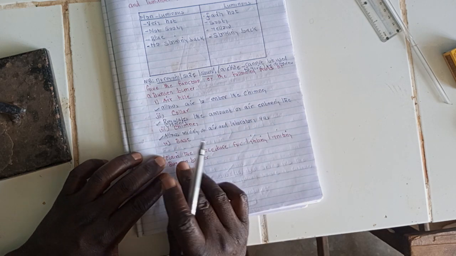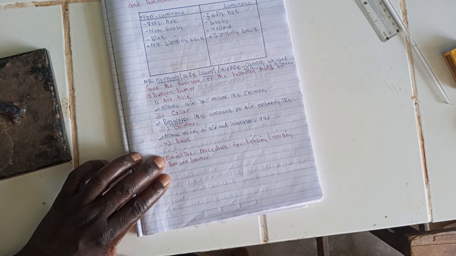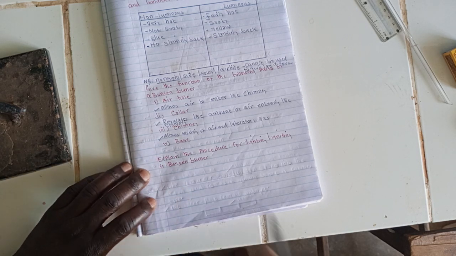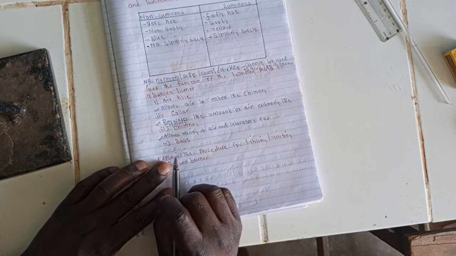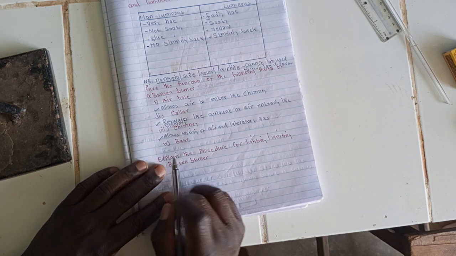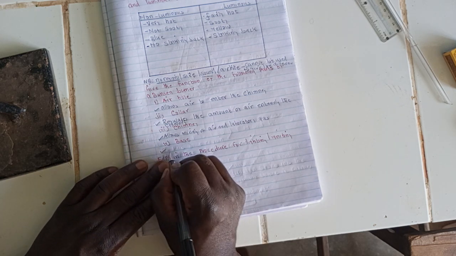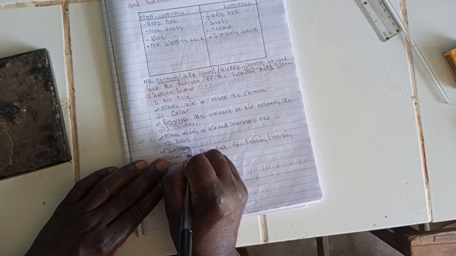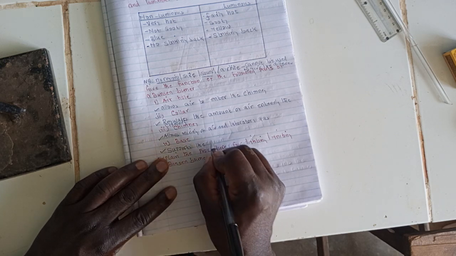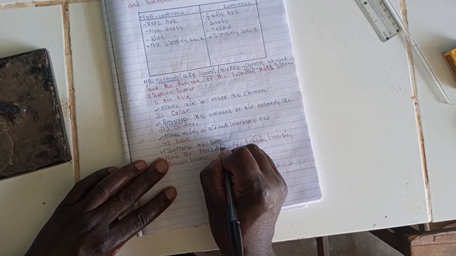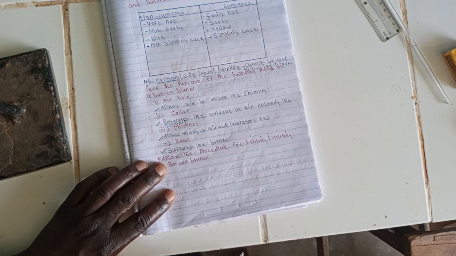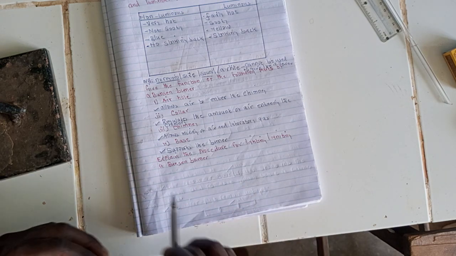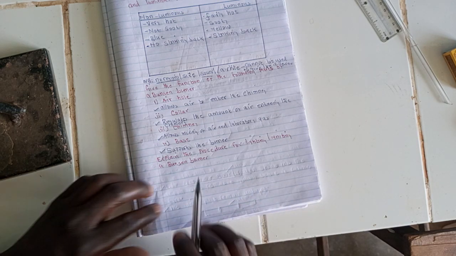So it allows the mixing of air and gas, which can be burned at the top to produce the flame. Then we have a base. The purpose of the base is that it supports the burner. It is adapted to this because it has a large surface area which can offer support.